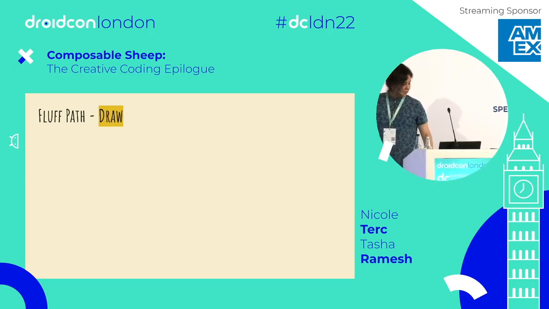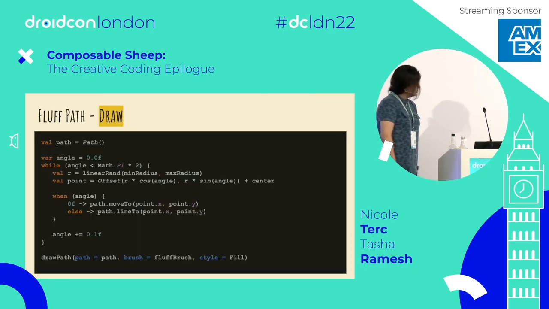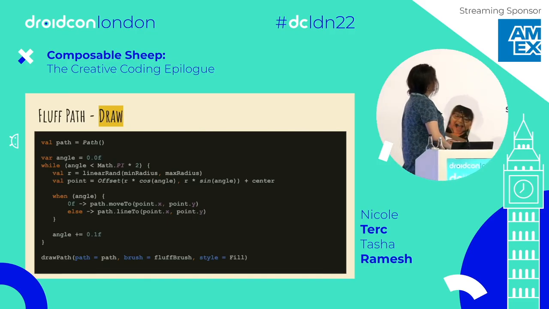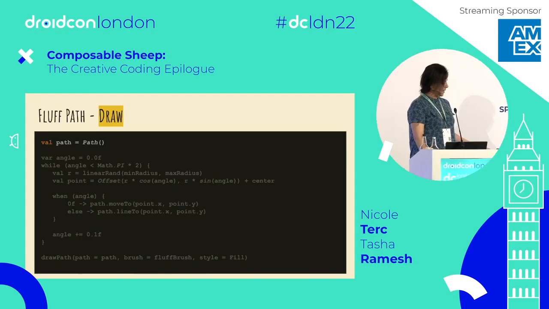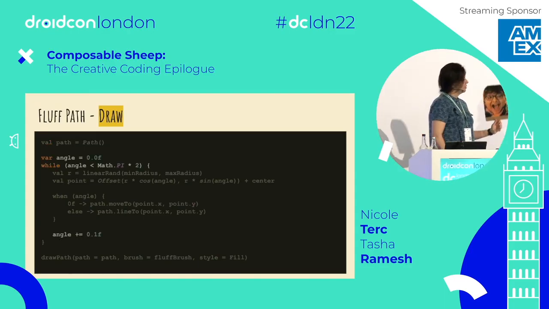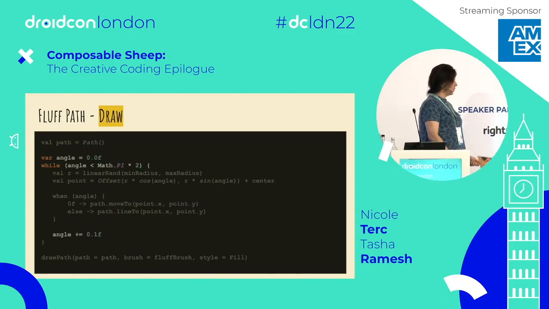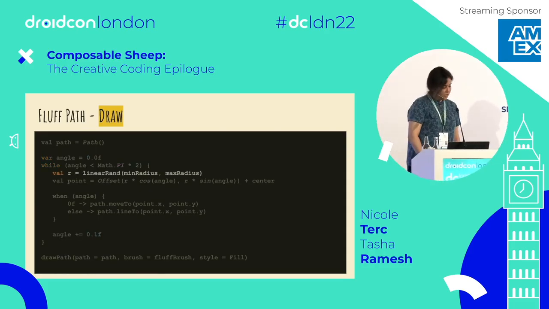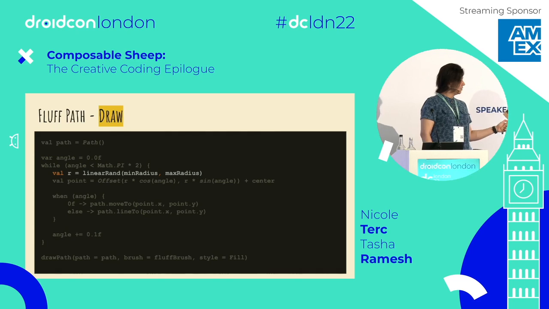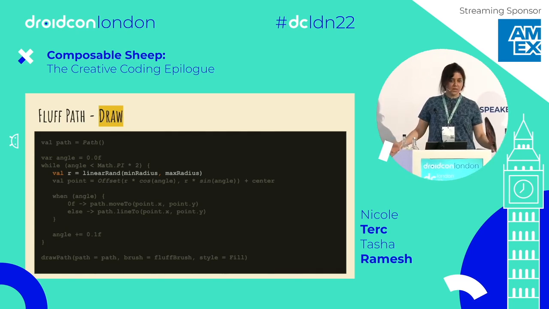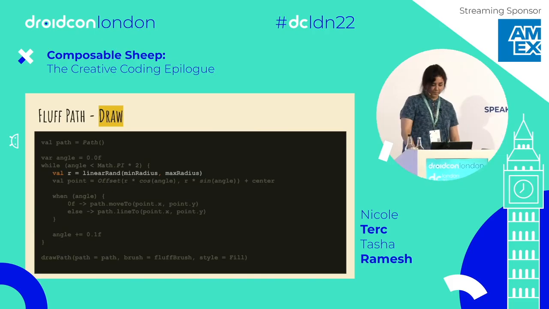But let's jump into code. How are we going to be drawing this? We're going to be drawing it as follows. Of course, we begin by creating a pad, and then we're going to go around the circle. We're working in radians, so of course it's up to 2 pi. For each of the angles at which we stop, we're going to have a function for our radius. In this case, we're just going to grab a random value between minimum radius and maximum radius.